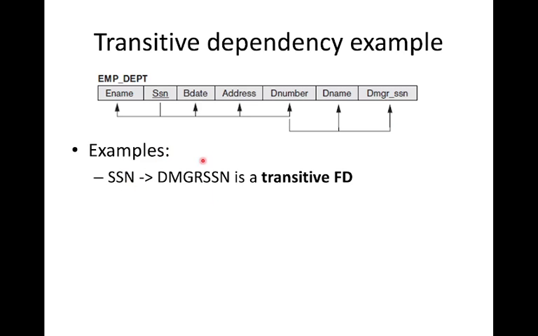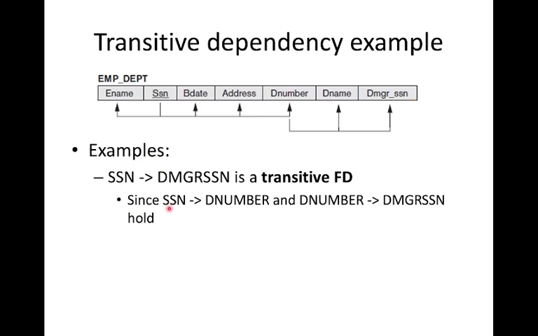SSN to D manager SSN is a transitive functional dependency, because we have SSN to D number and D number to D manager SSN. So this is known as transitive dependency.